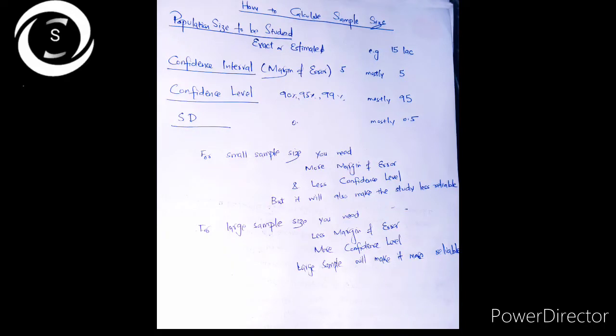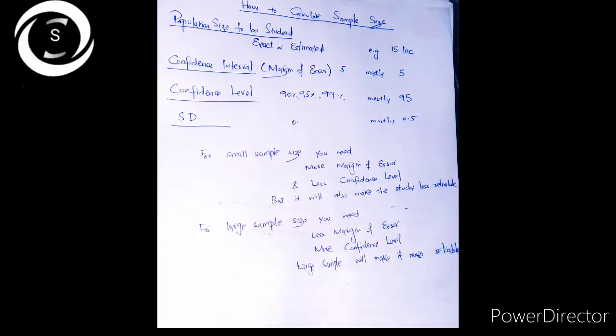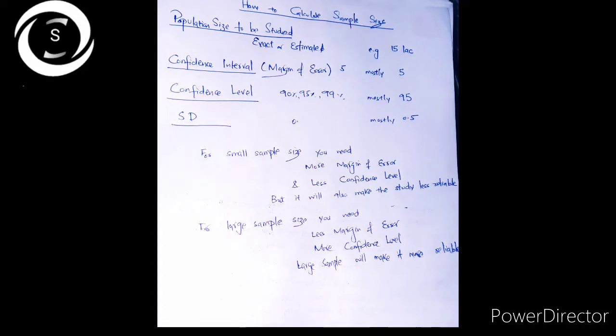Well, it tells you how confident you can be that the results from a study reflect what you would expect to find if it was possible to survey the entire population.